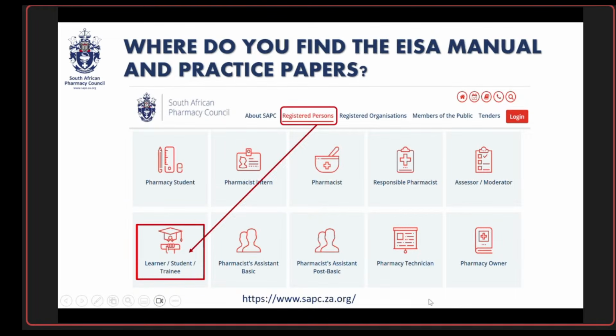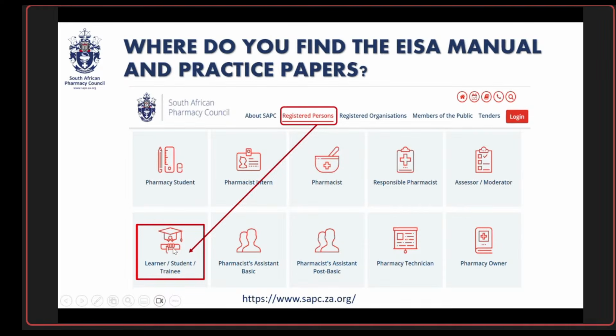In preparation for the EISA, or just understanding, if there's information that you want to understand, all the documents are available on the website for you. So where do you find these documents? You can go to the SAPC website. You don't need to log in to access these documents. You go under registered persons, and then you fall under the category learner, student, or trainee.